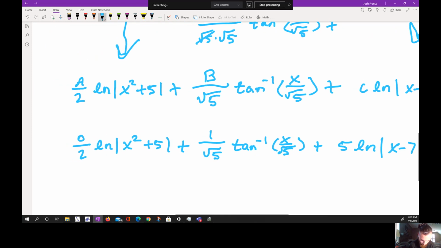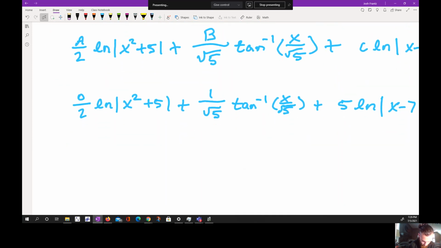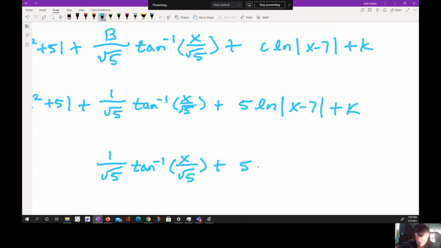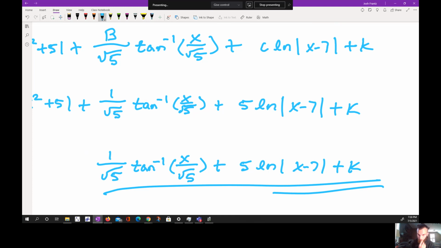Okay, perfect. And that first one will just equal 0, so we're just left with 1 over root 5 tangent inverse x over root 5 plus 5 ln absolute value x minus 7 plus a k. And that is our final solution.